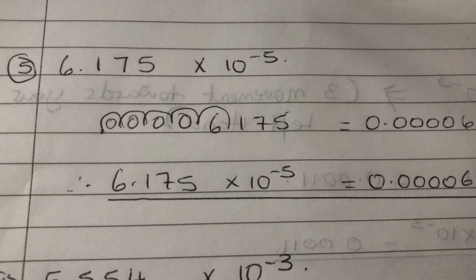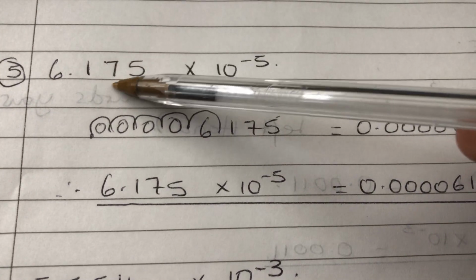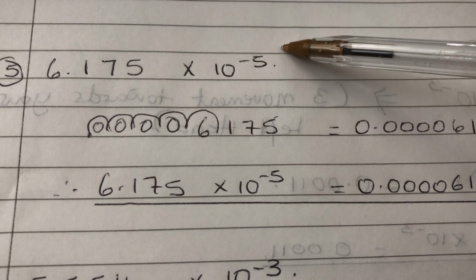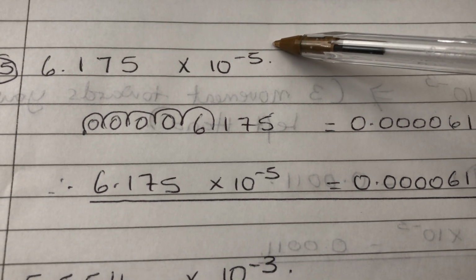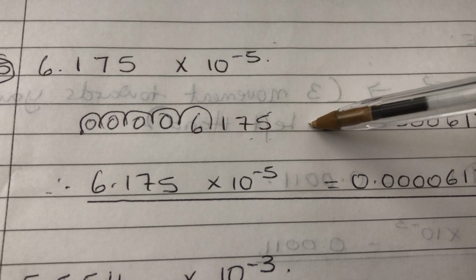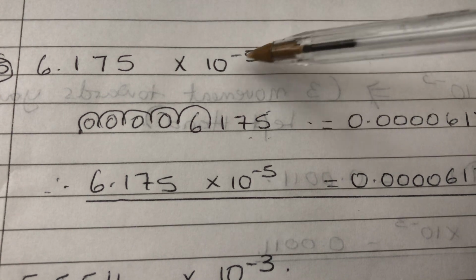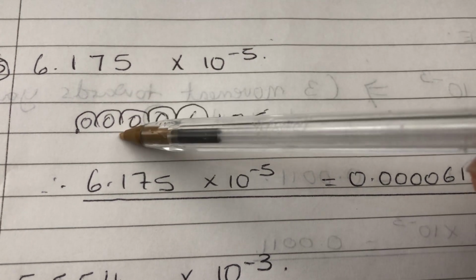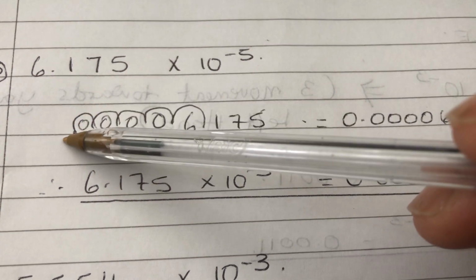Now 6.175 times 10 to the power minus 5. Okay. So 6.175. Okay. Minus 5 is 1, 2, 3, 4, 5.